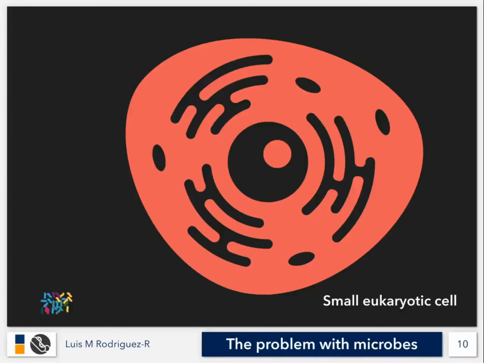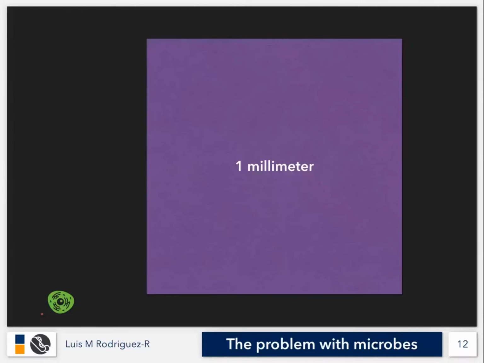A small eukaryotic cell, in turn, is about 10 times smaller than a large eukaryotic cell, again in diameter. And this is how a large eukaryotic cell compares to 1 square millimeter, which, depending on the resolution of your screens, is probably 1 or 2 orders of magnitude larger than an actual millimeter.